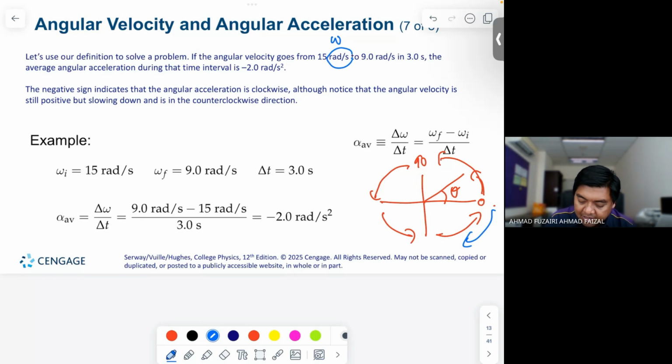Don't forget about the negative because it shows the rotation, whether it is going counterclockwise or clockwise. By looking at the value, we know this is clockwise. So the negative sign indicates that the angular acceleration is clockwise. Although notice that the angular velocity is still positive but slowing down, and it is in the counterclockwise direction.